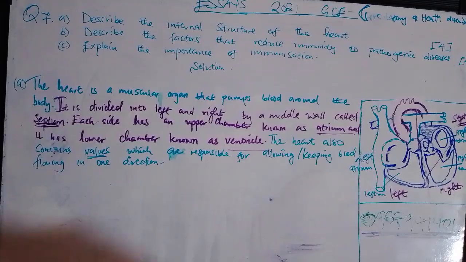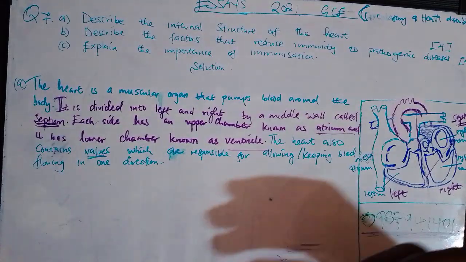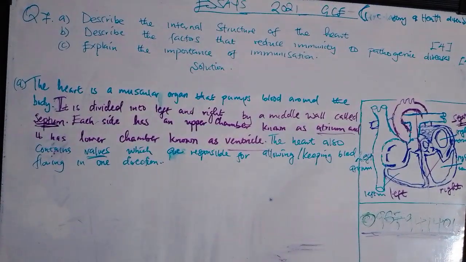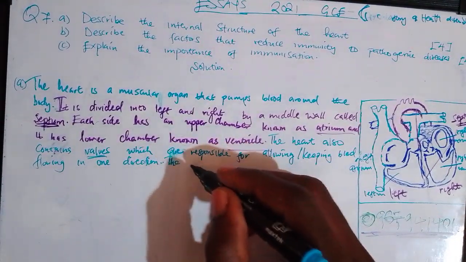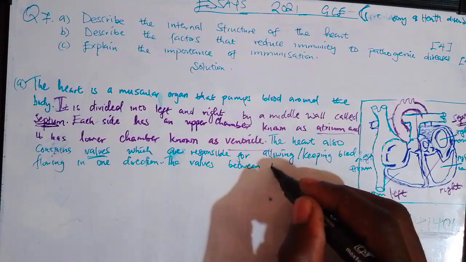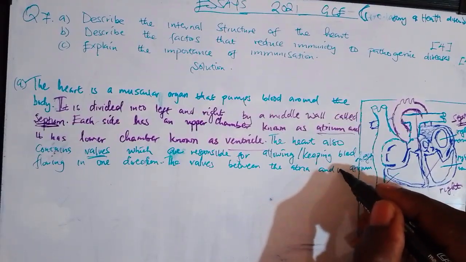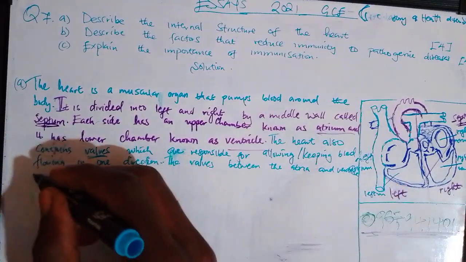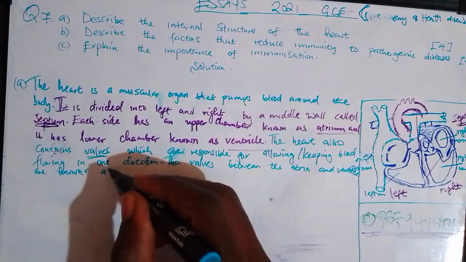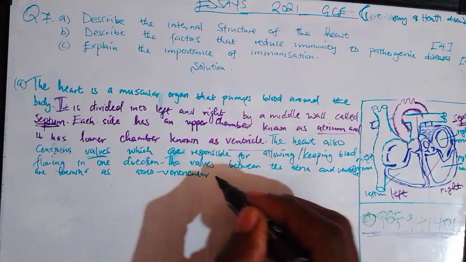So now, before you conclude, what you need to write on the valve so that you can get your full marks is you include the names of the valve. So now you say the valves between the atria and ventricle are known as atrioventricular valves.